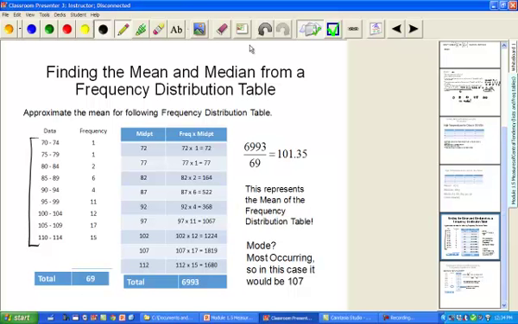So first of all, what is the class width for each of these classes? Remember that the class width is determined by the lower class limit of one class minus the lower class limit of another, and then the class midpoints are 72, 77, 82, 87, and so on.